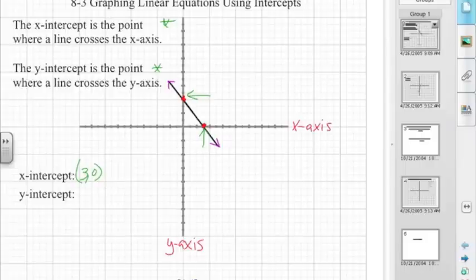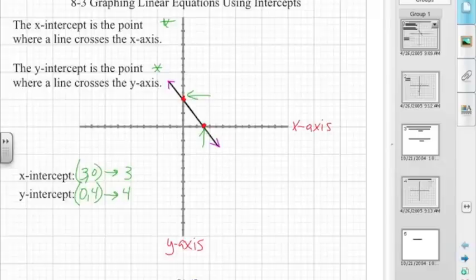We're just interested in the fact that it crosses the x-axis at 3. The coordinates for the y-intercept are 0, 4. That's where the line crosses the y-axis. We're not interested in the coordinates. We're more interested in the number 4 because that's where the line crosses the y-axis.